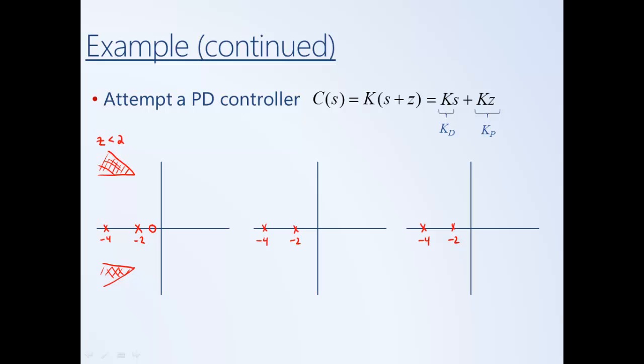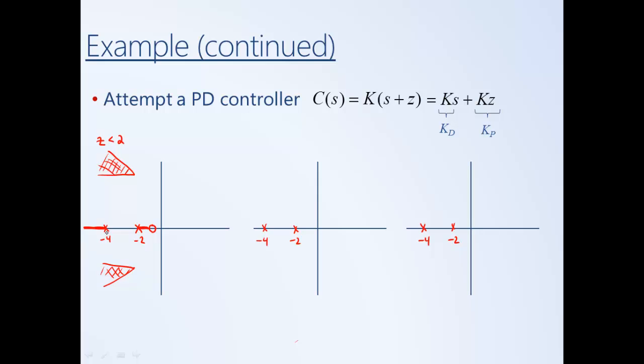Okay. So we've plotted the open loop poles and zeros. We recall that the root locus is to the left of an odd number of poles and zeros. So this location right here is to the left of 1 element. This region of the real axis is to the left of 2, which is even, so no root locus. And this region is to the left of 3, which is odd, so that is on the root locus.